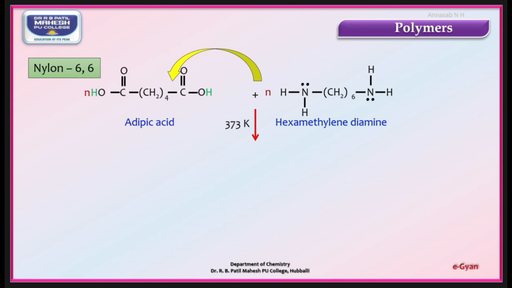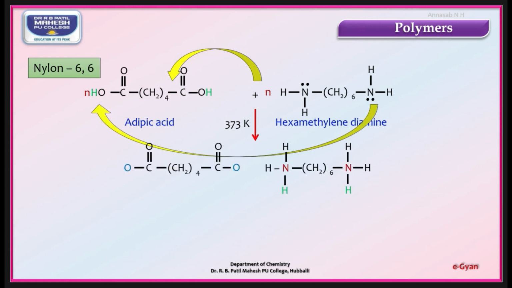The hydrogen atoms are going to interchange from the carbonyl carbon OH group to the nitrogen atom. So you can see here there is an OH group and an NH2 group. Now in the next structure at 373 Kelvin, the hydrogen atom which was present along with the oxygen of the carboxylic acid is now along with the nitrogen of the amine, and as there is an imbalance, there is a formation of charges.